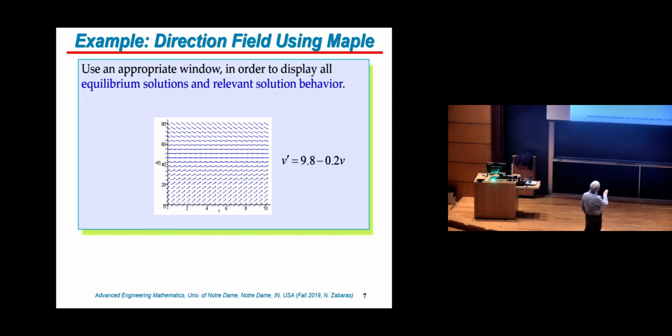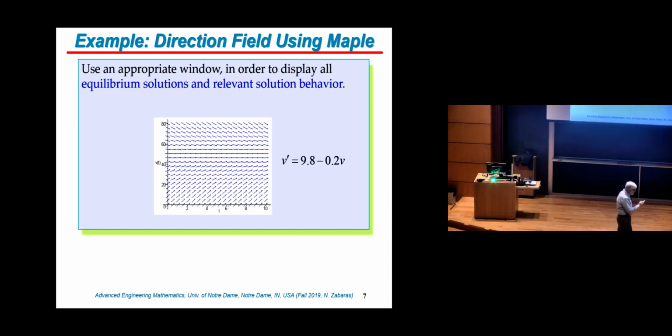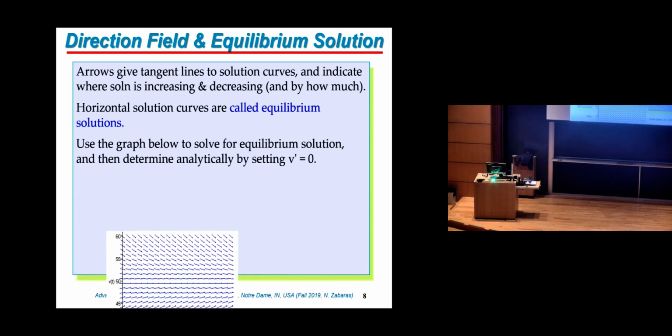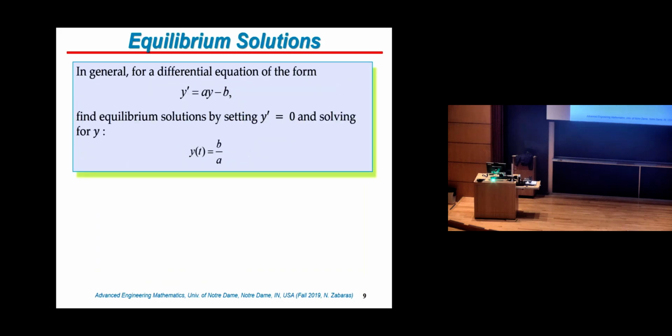Because here, for example, if you plot this from 0 to 20, you will never see the equilibrium solution. Okay? So be sure again that you scale this properly. All right. So we talked about all of this, so keep going. And again, you will find, as you do the homework, more about this type of thing.